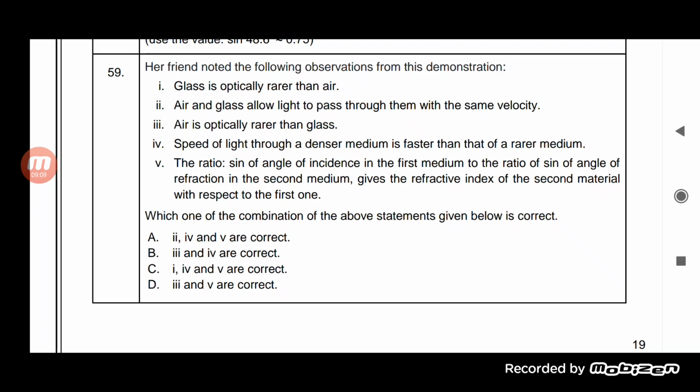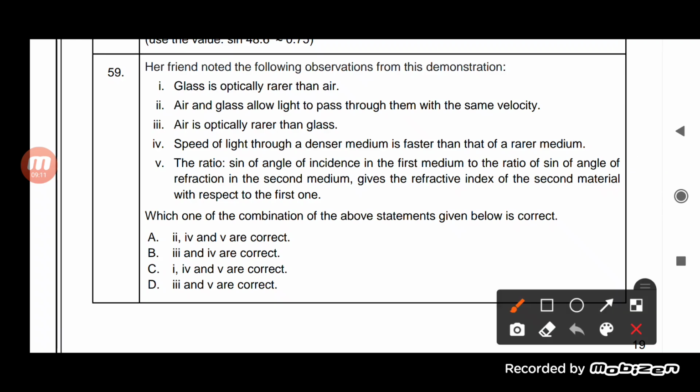So out of these statements, two are correct. One is air is optically rarer than glass, and the other is the ratio of the sine of angle of incidence in the first medium to the sine of angle of refraction in the second medium gives the refractive index of the second material with respect to the first one. These two are correct.